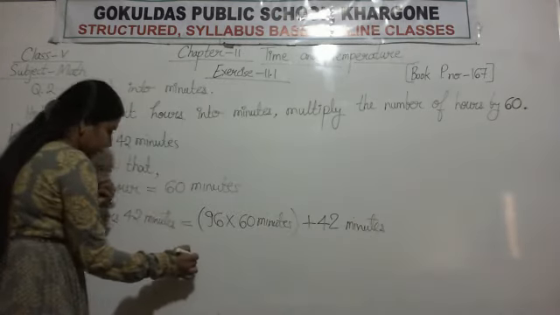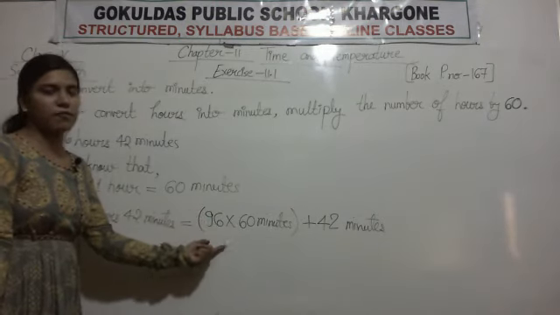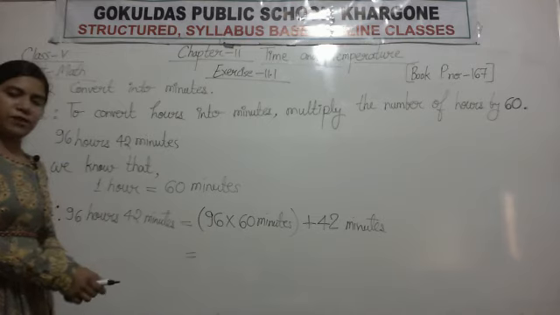Now in the next step, solve this bracket. In rough work, arrange both the numbers column wise and multiply them.